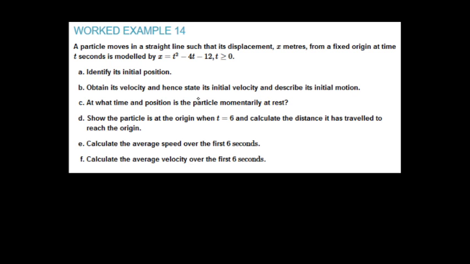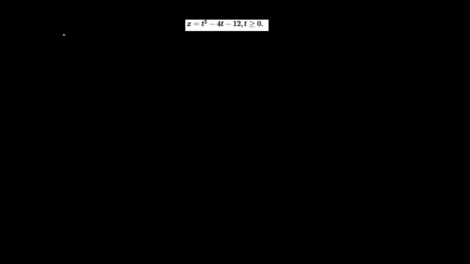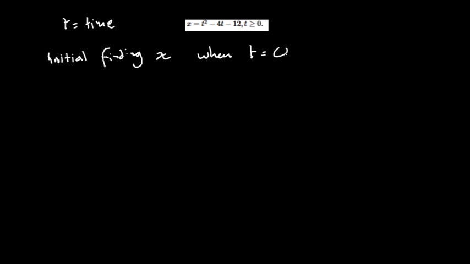Part A says identify the initial position. So we're talking about displacement in terms of time, t. Initial means where are we before we start moving, basically. So we're finding x when our time is 0.